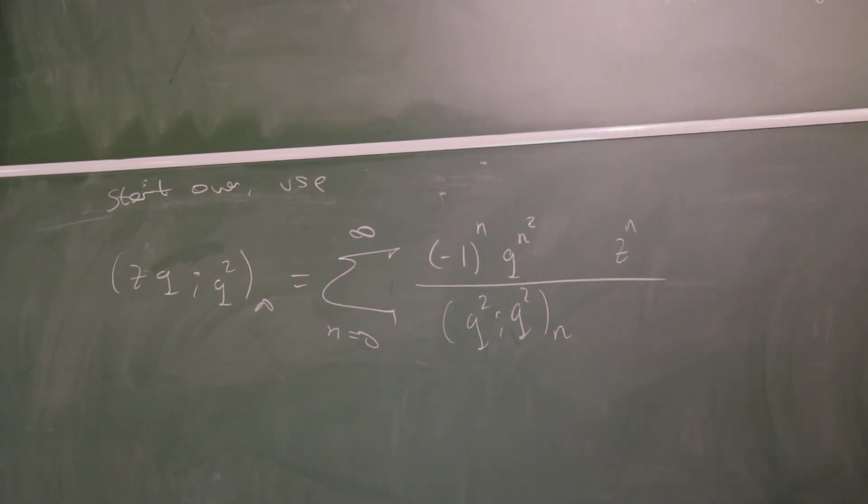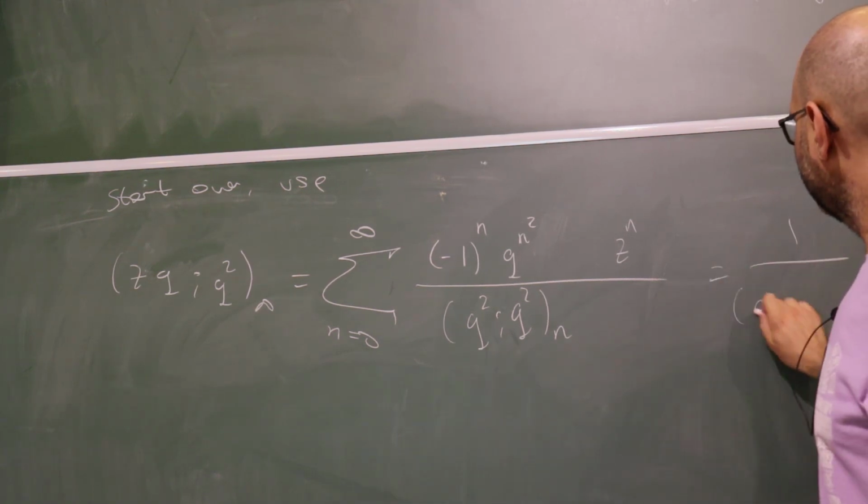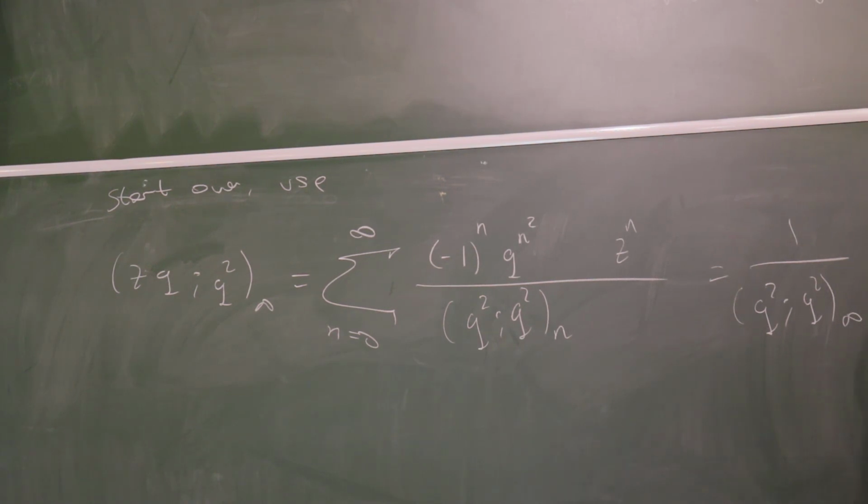Again, make this an infinite product, 1 over q squared sub infinity, and running from 0 to infinity, these guys, minus 1 to n, q to n squared, z to n times, what was it? q to 2m plus 2, q squared sub infinity.